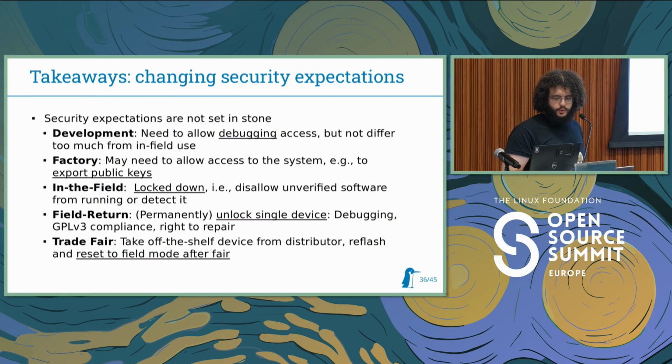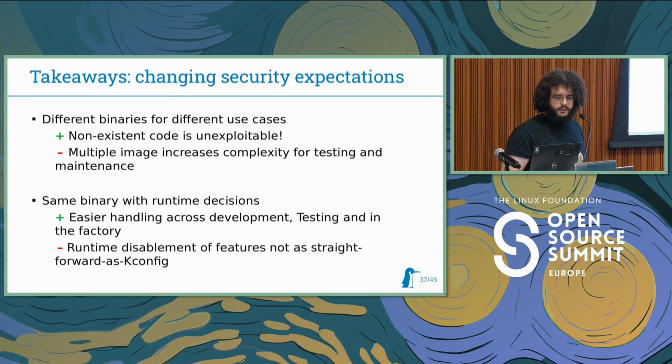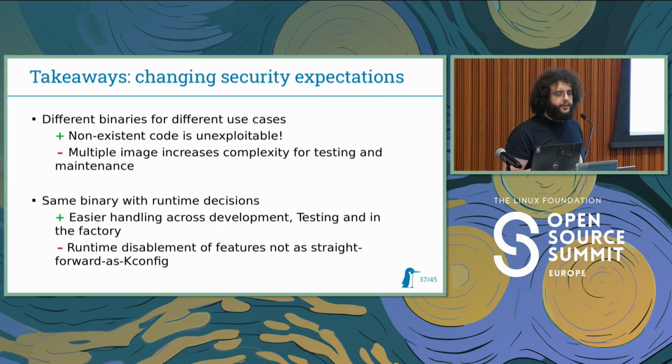And there are different ways to go about implementing these different security expectations. The one that Nintendo went with in this example is having different binaries. There is a very strong argument in favor: the binaries for factory, for example, lack code that would only be useful for release and vice versa, and code that's not there can't be exploited.